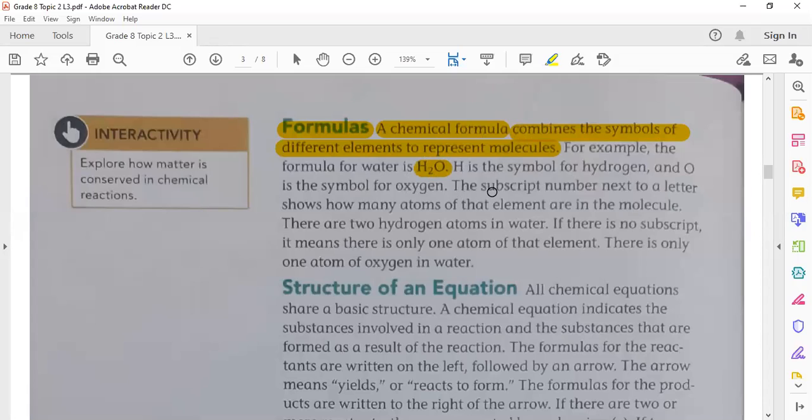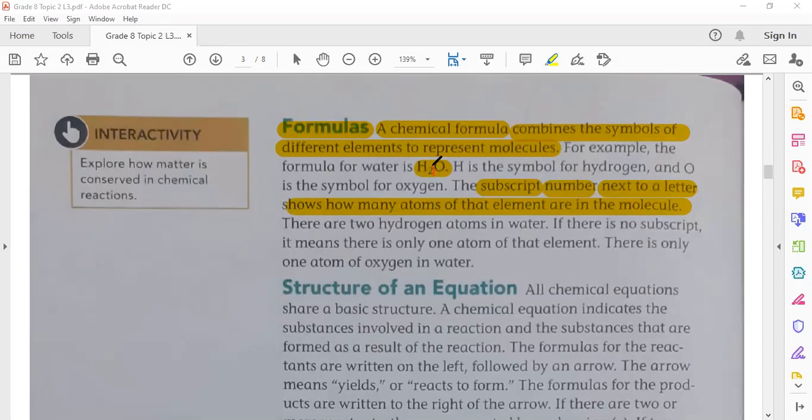Right. The subscript, now, this is very important. The subscript number next to a letter shows how many atoms of that element are in the molecule. Highlight it, please, and understand it. Where is the subscript? For example, this number 2.